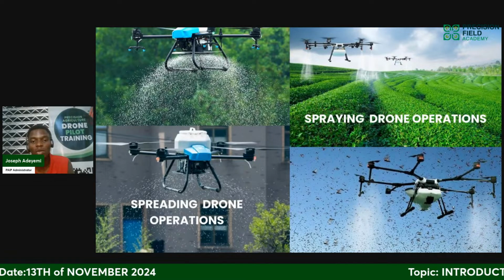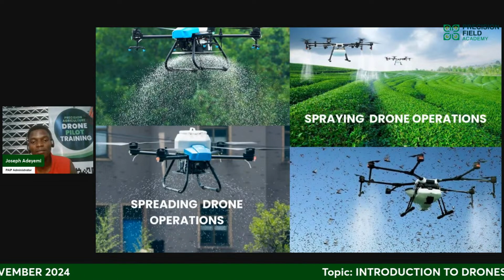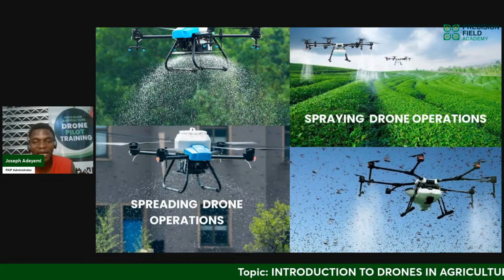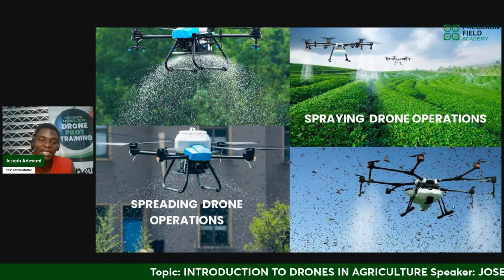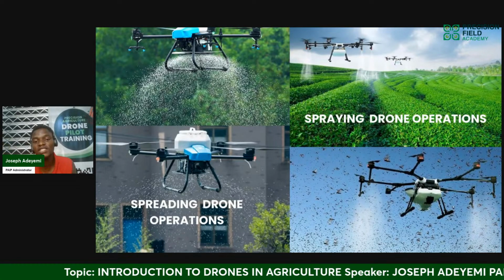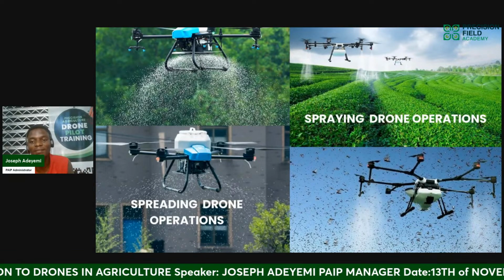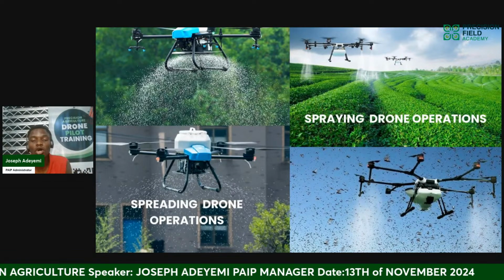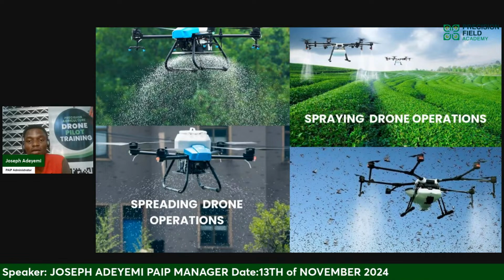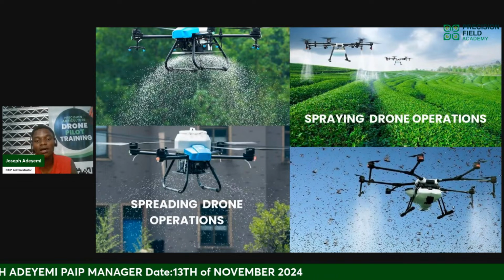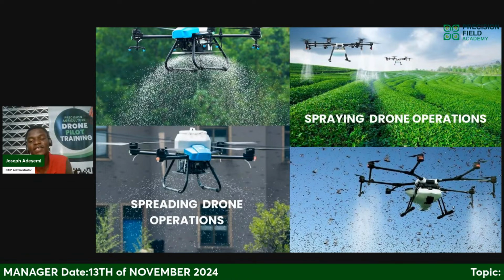So these are predators, a particular insect that feeds on another particular insect. So if a particular insect is on your farm, feeding on your crop, all you just need to do if you want to use the biological method is to get the insect that feeds on them.